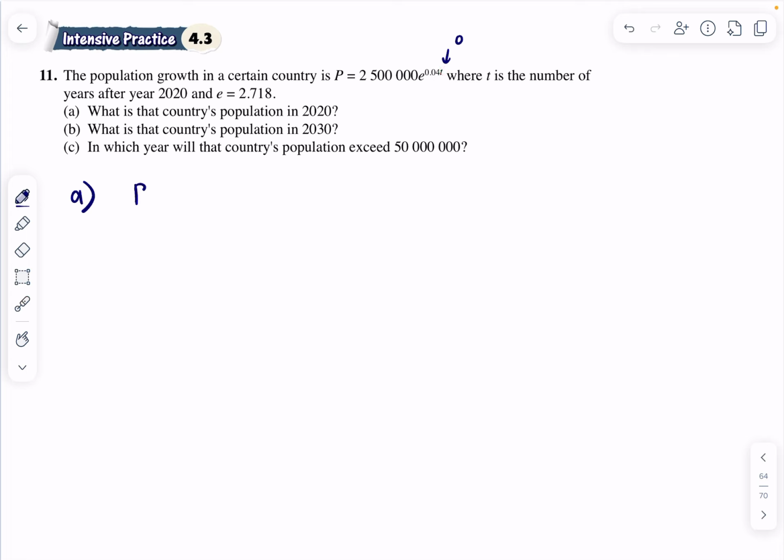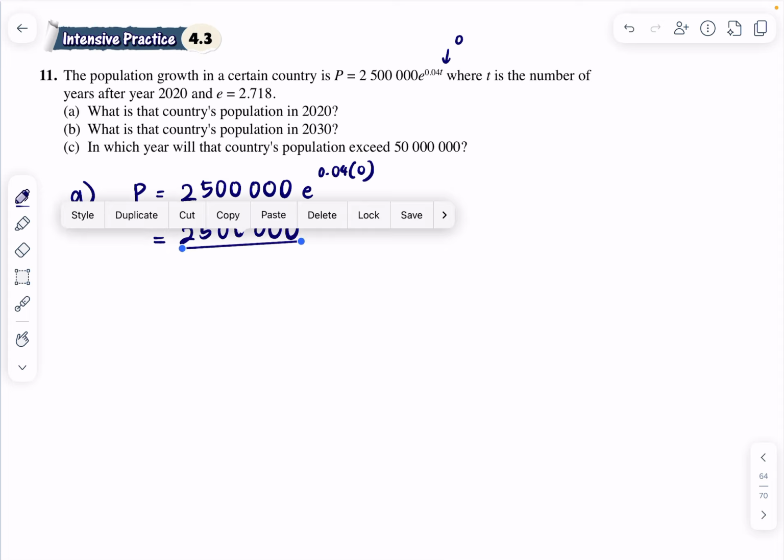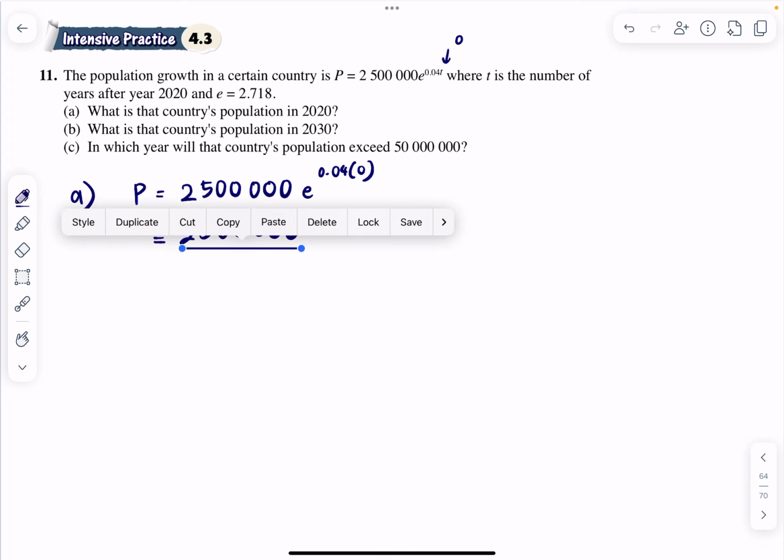So you just do P is 2.5 million, E 0.04 times 0. So anything to the power of 0 is just 1. So this whole thing will become 1. So our answer is 2.5 million. This will be the number of people in the year 2020.